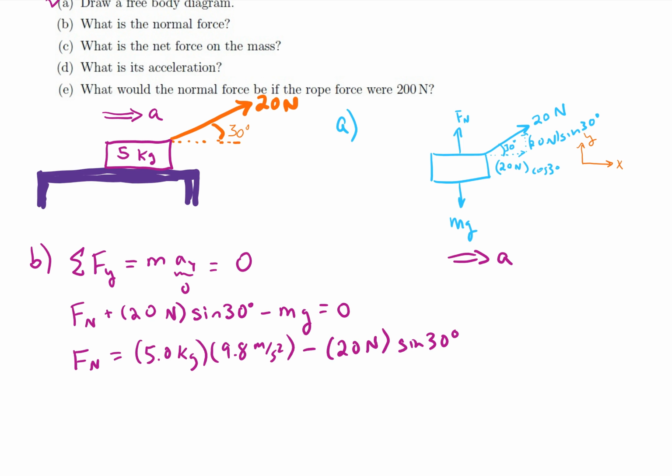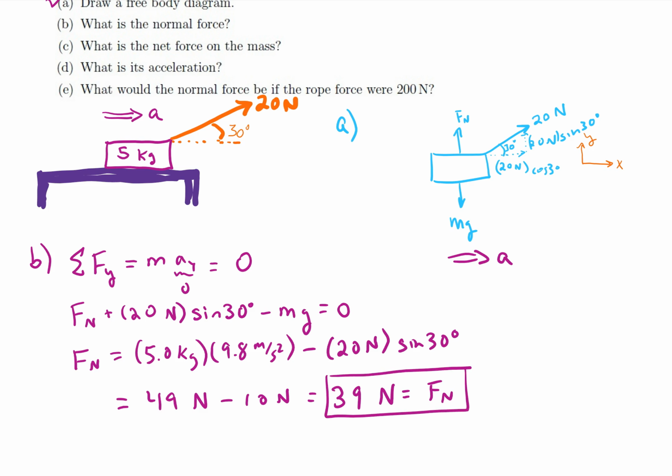And putting this all together, that is 49 newtons minus 10 newtons, or 39 newtons. And that makes sense because the person who's pulling on it is pulling up a little bit, and so that reduces the amount of force that the table needs to apply to the box to keep it upright.